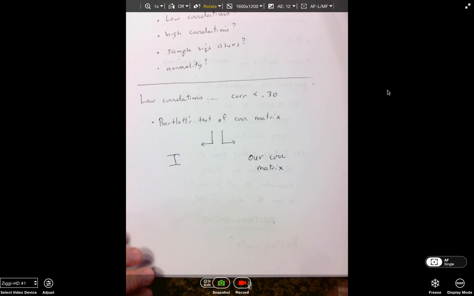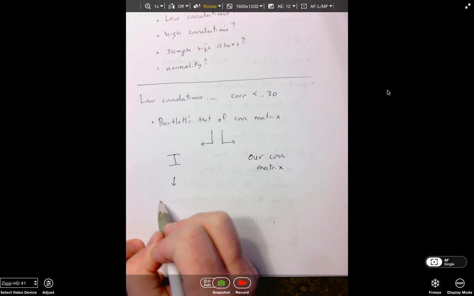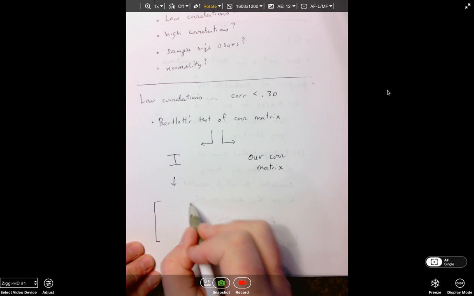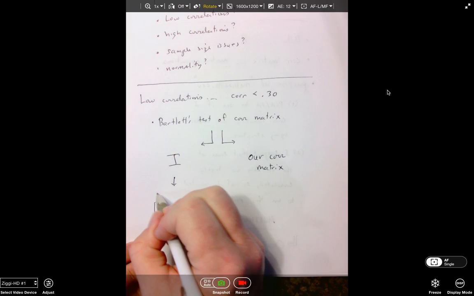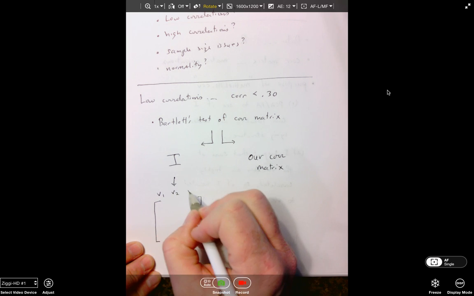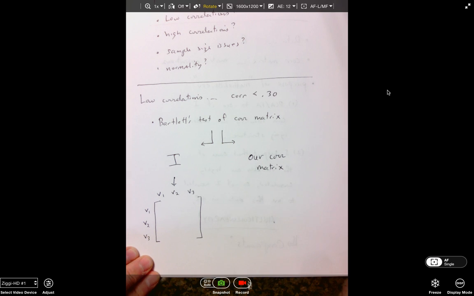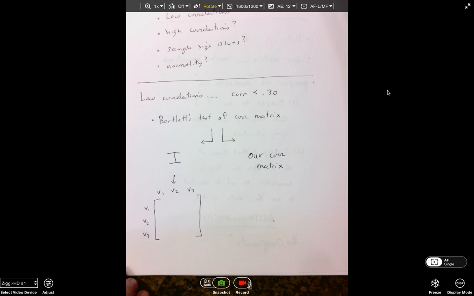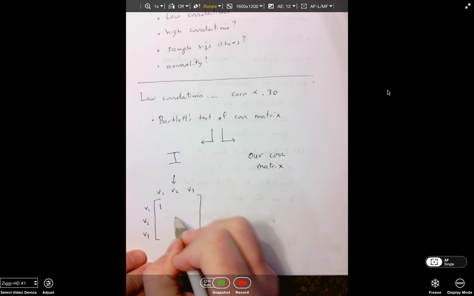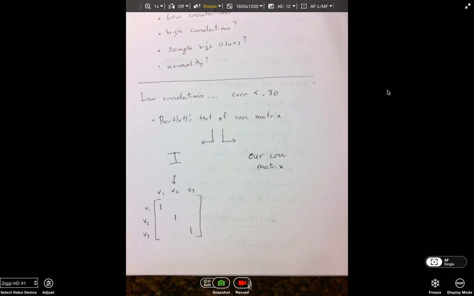Now, let's think about the identity matrix. Let's say, for example, that we are looking at the correlations between variable 1, variable 2, and variable 3. Obviously, in this situation, we have 6 variables, but let's just say, hypothetically, we're looking at 3 variables. We know on the diagonals we're going to have 1 because every variable correlates perfectly with itself.